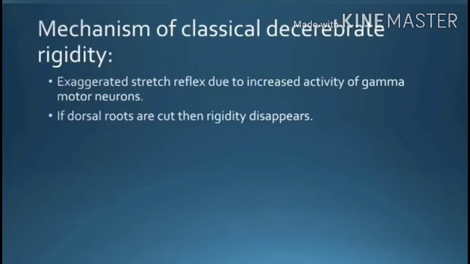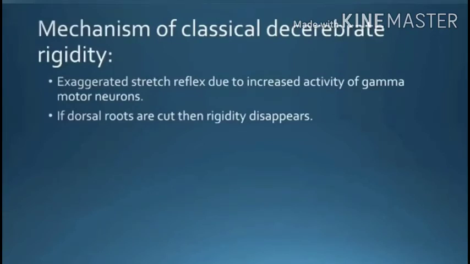Now we can study two preparations. One is the classical decerebrate preparation, another is the ischemic decerebrate rigidity. What we have discussed till now was the classical decerebrate rigidity, which was first studied by Sherrington in cats, where there is an increase in gamma motor neuron discharge.